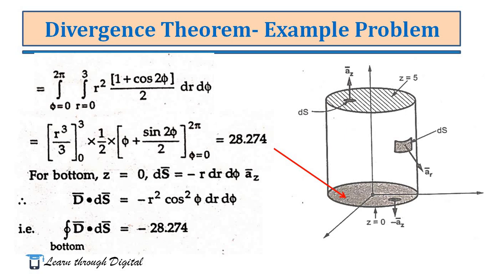Similarly, the differential surface is normal to the minus z direction. So, D vector dot dS vector is equal to minus r² cos²φ dr dφ. Then evaluate. So, for the bottom surface, D vector dot dS vector is equal to minus 28.274.